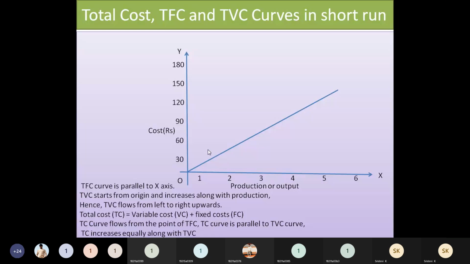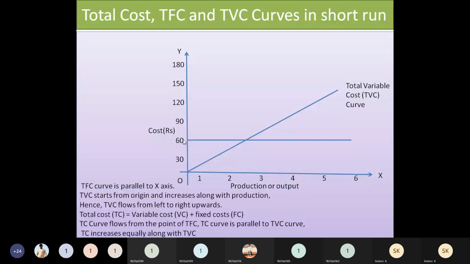So this is the variable cost curve, total variable cost curve we can call it. This is starting from 0 and it is increasing, right? So it will be flowing from left to right upwards. And fixed costs are at 60, no? So at 60 I have drawn this fixed cost curve, which is parallel to the x-axis.